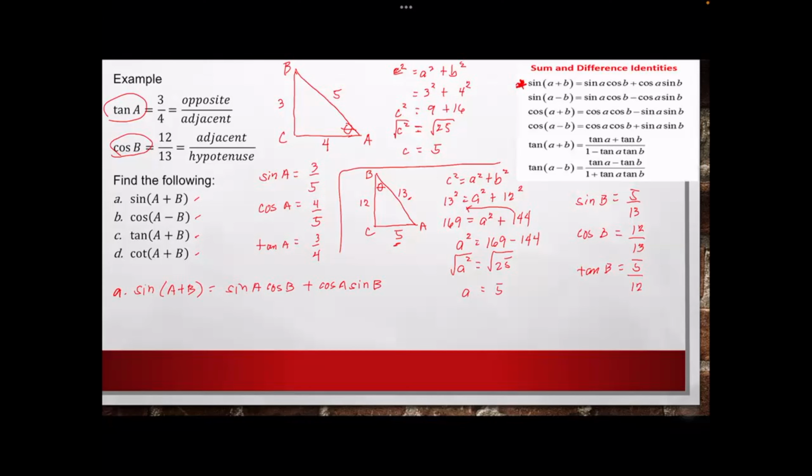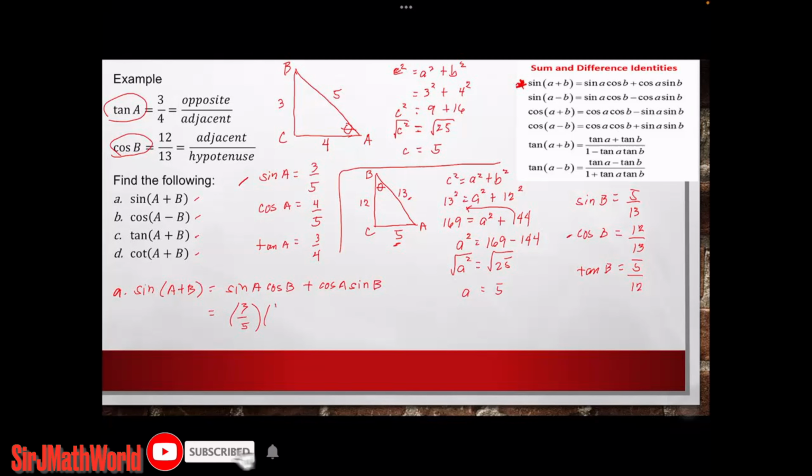This will be equal to, ano daw yung value ng sin A? Which is 3 over 5. Ano yung value ng cosine B? Ito yun. Value ng cosine B ay 12 over 13 plus ano yung value ng cosine A?